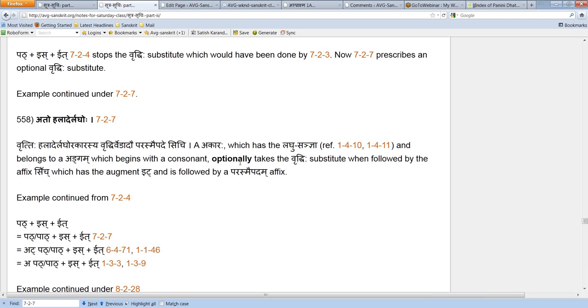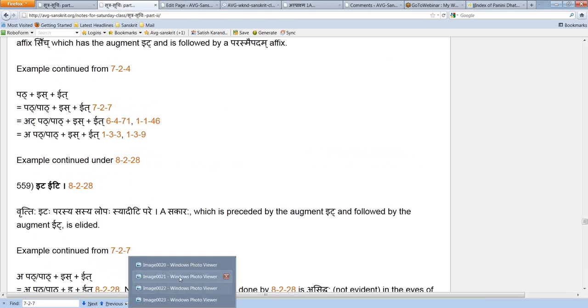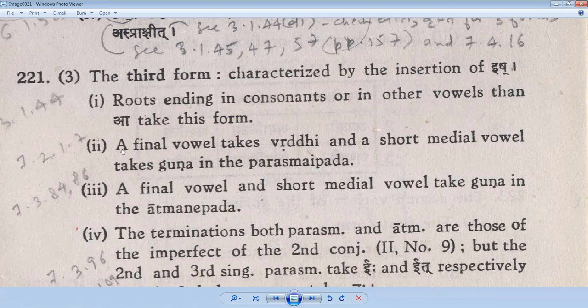So basically the neti nisheda was done; that now becomes a vikalpaha. If you have a haladi angam and it has a laghu akaraha, then it takes vriddhi optionally. So we derive these forms. If you want, you can add this point to the book, over here: 7-7, ato halade lagoho.